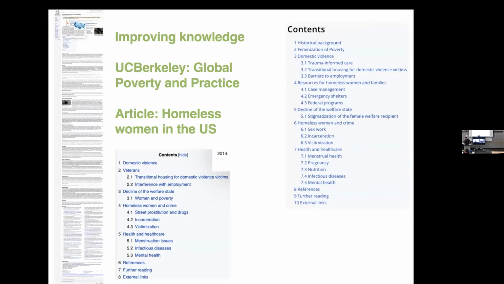In addition, these students highlighted how homeless women rely on sex work to secure essential resources and how they experience incarceration and victimization as a result of homelessness. On the left-hand side, you'll see the article beforehand, and then the students came in, and here highlighted in red, yellow, and purple, you'll see what the students added to the article.